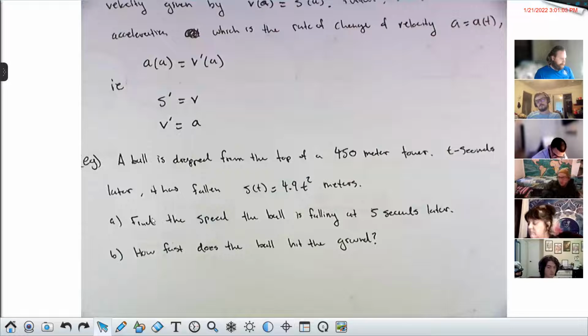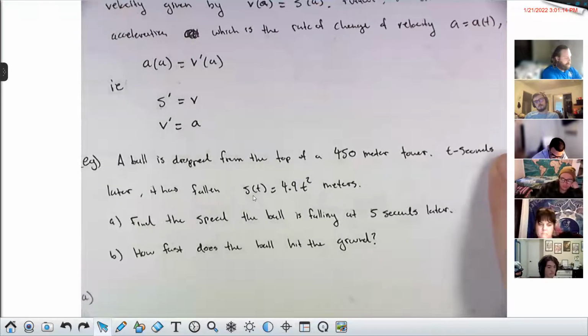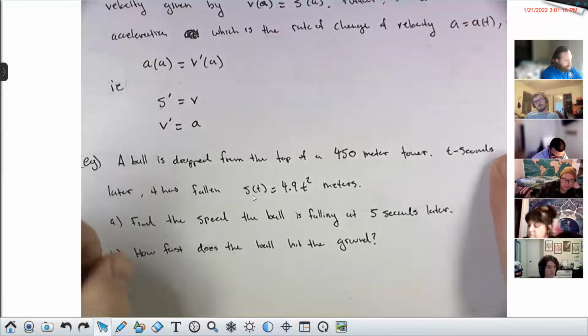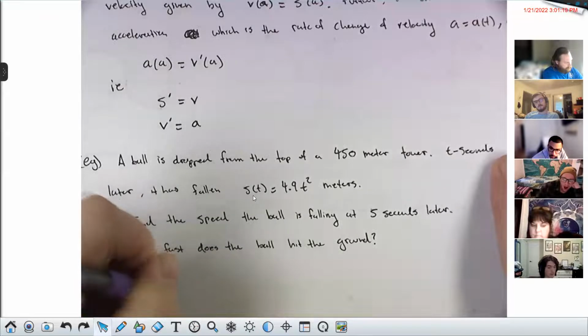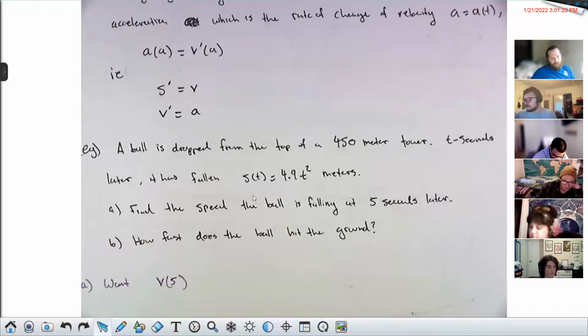Now the velocity function, we can calculate what we're looking for here. We want the velocity of the ball at 5 seconds. I will use the v notation here for velocity.